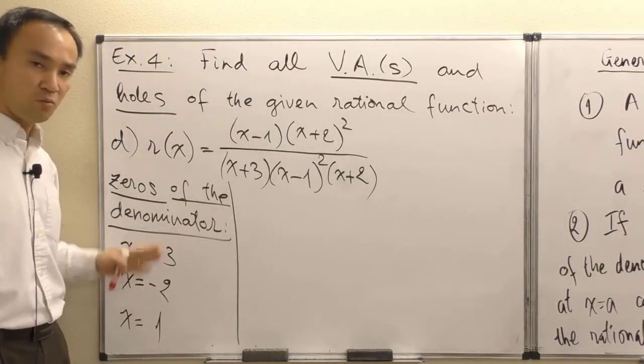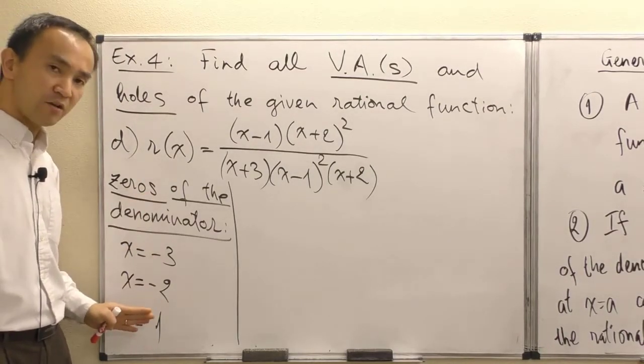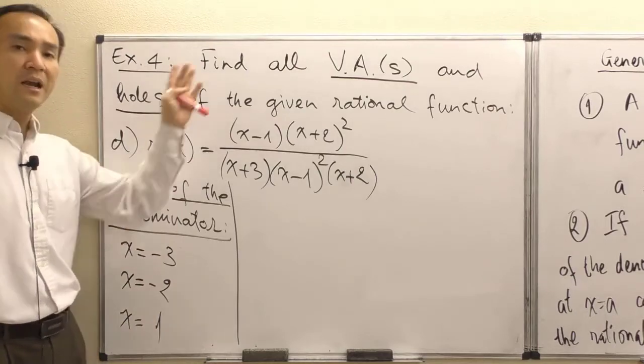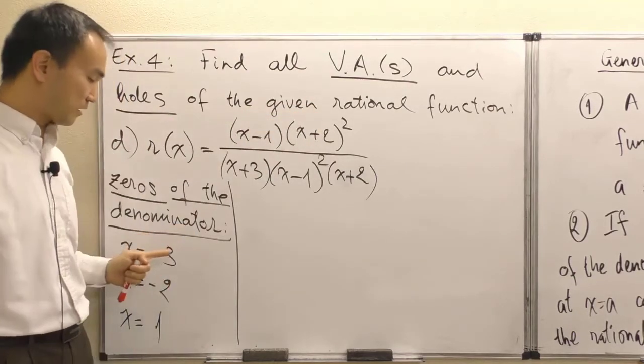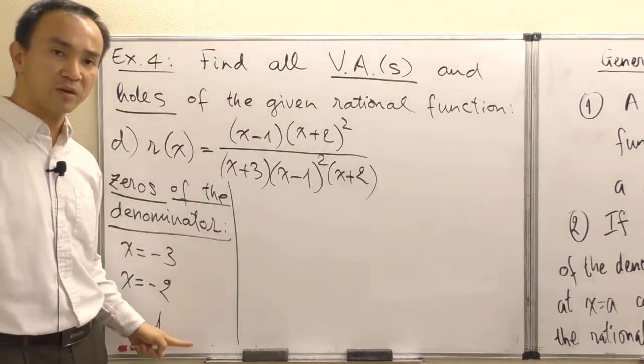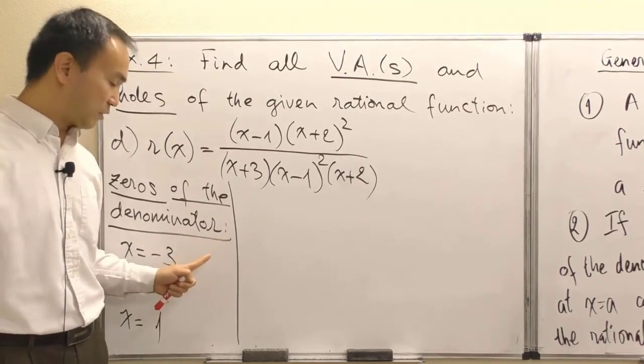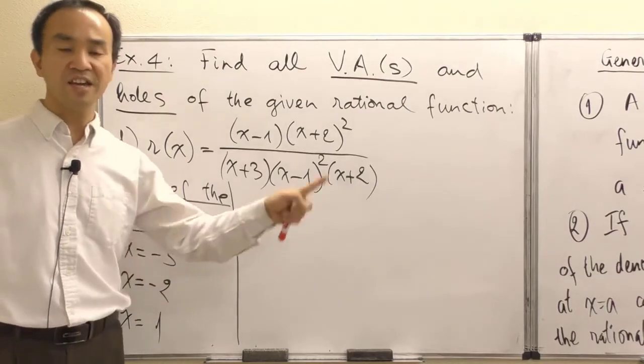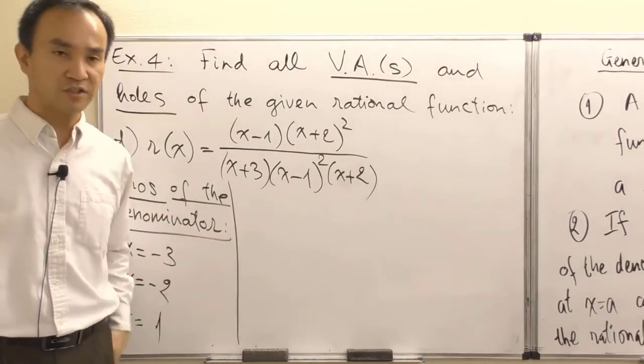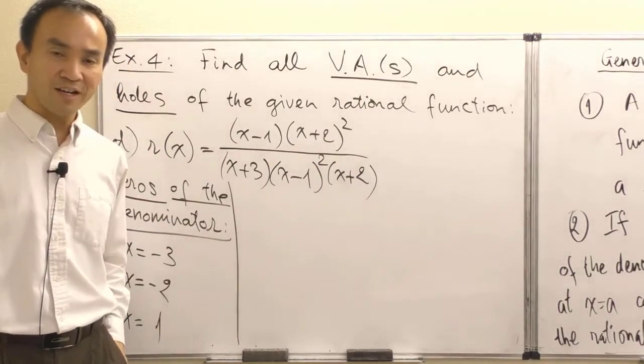Once we've successfully listed down all of the zeros in the denominator, let's identify whether each one of these will become a hole or not. And if it won't become a hole, it stays as a VA. The work is simply like that.